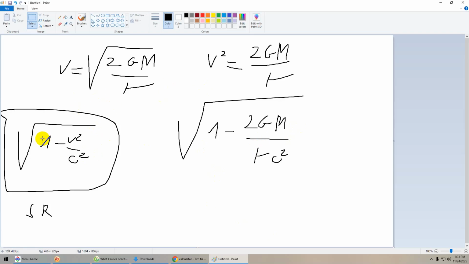So we understand why this term looks exactly like 1 over gamma, the inverse gamma formula from special relativity, even though we are dealing with gravitational time dilation, which only depends on altitude and the curvature of spacetime, which has nothing to do with special relativity. So that's the mystery. I'm going to help you solve that.